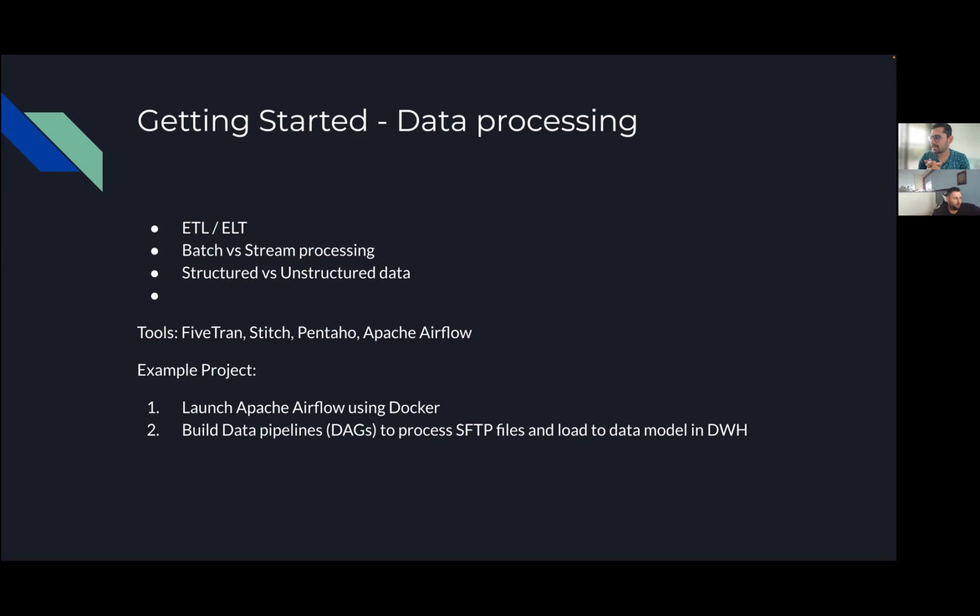It has an amazing Docker file or Docker container image that's available. So you can simply download the Docker image and spin it up and use something like a Postgres as a backend for Apache Airflow to keep track of data pipelines, for example.